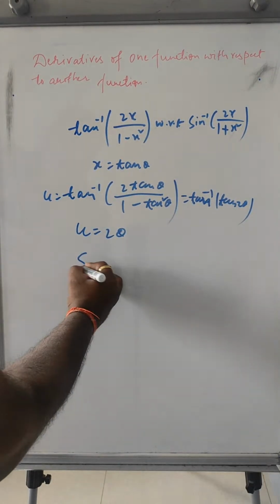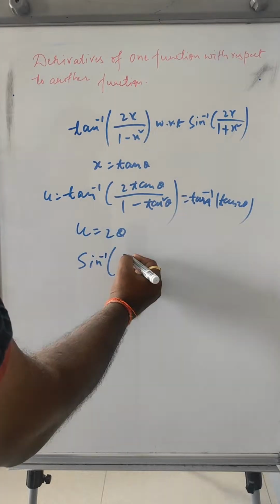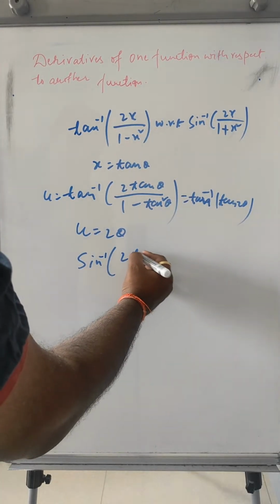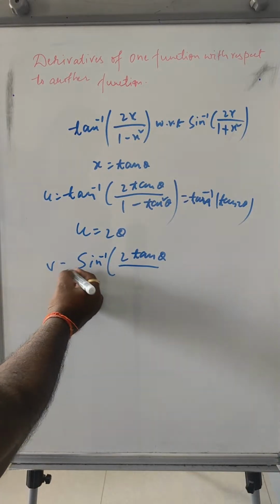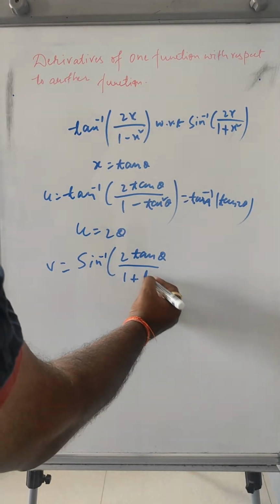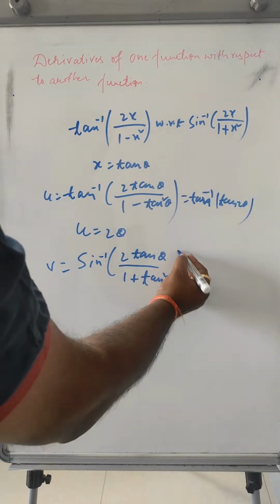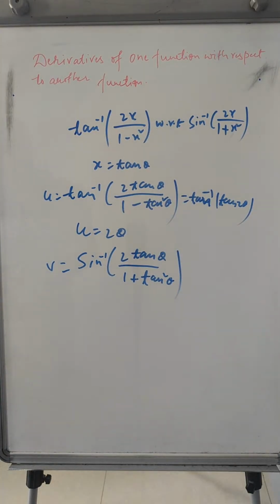Similarly here, v is sin inverse of 2 tan theta over 1 plus tan square theta. Got it? So this is what? Sin 2 theta, correct?